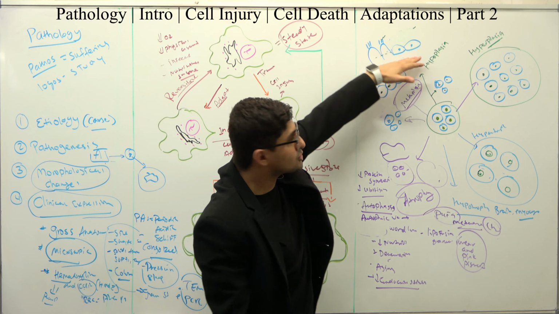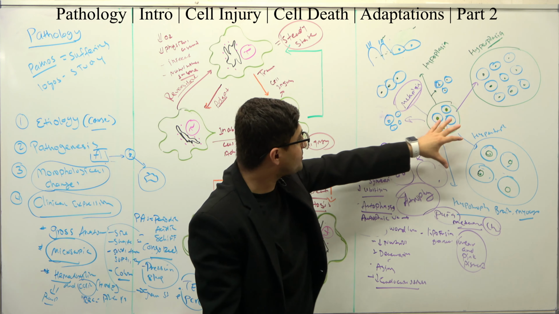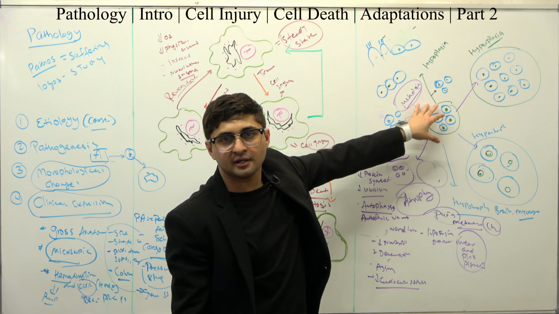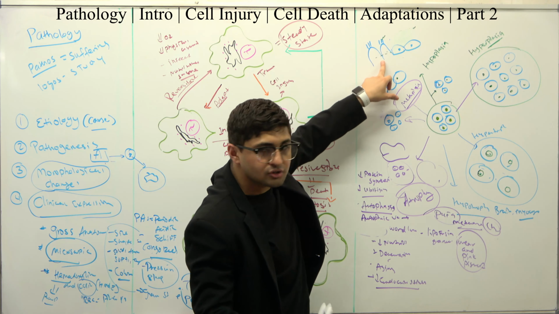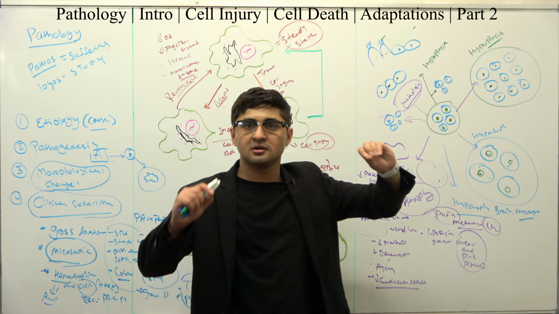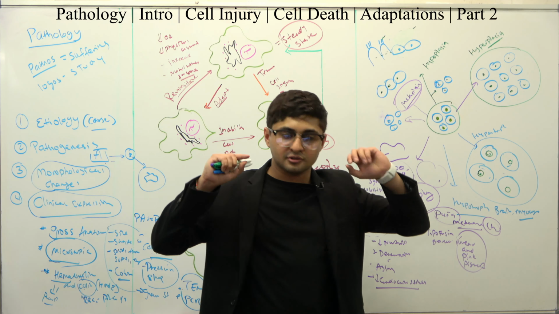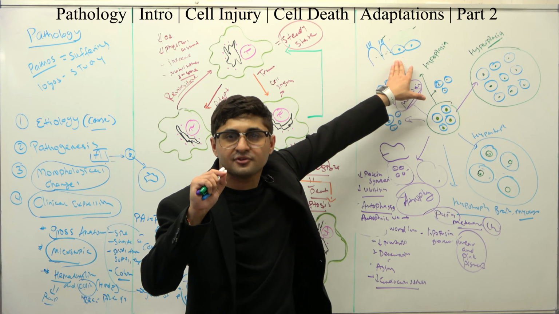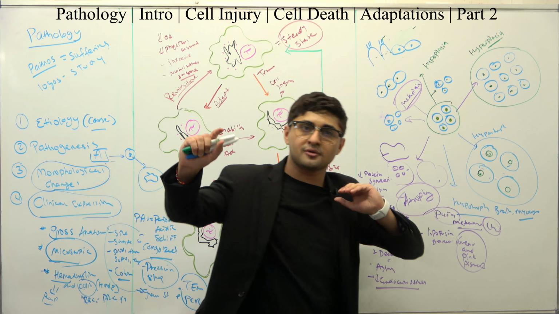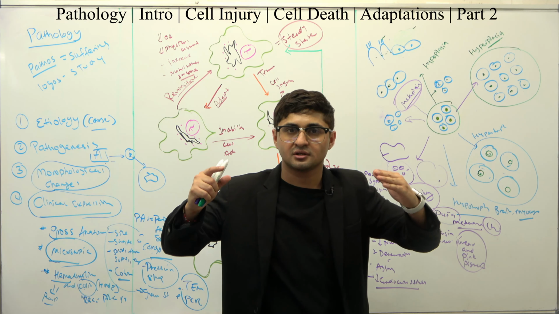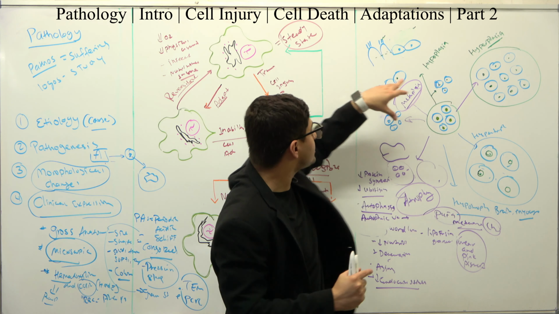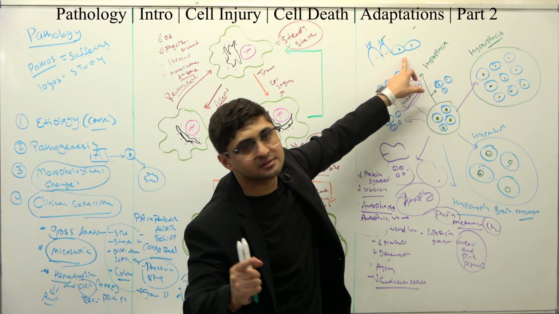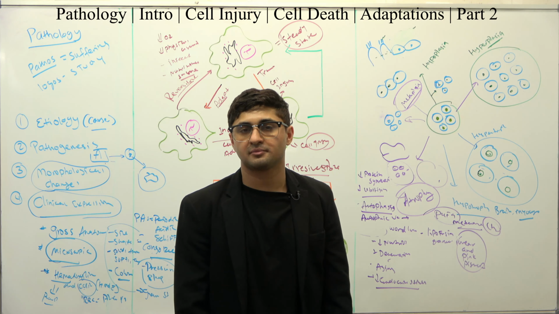This is what is called metaplasia. Clinically, we call this squamous metaplasia. So just know that whenever the phenotype of differentiated cells changes by reprogramming and they get replaced by another type of cells, that is what's called metaplasia.